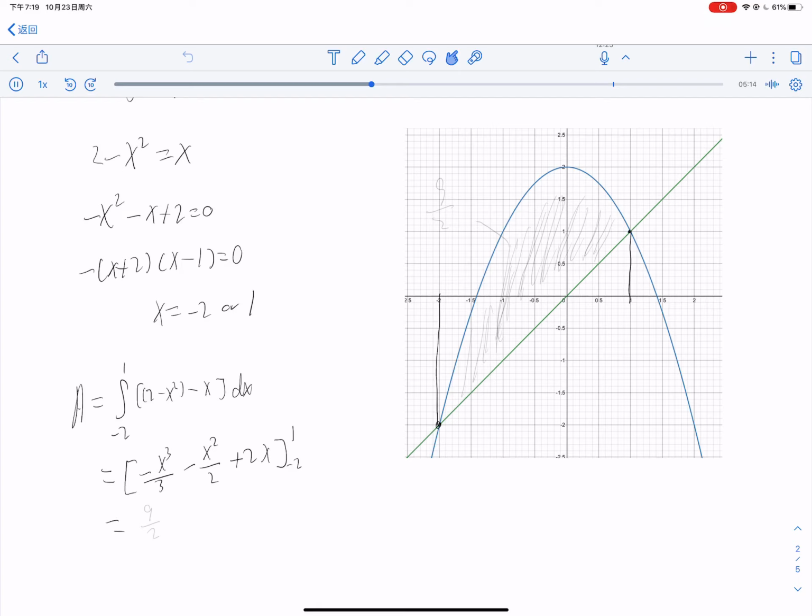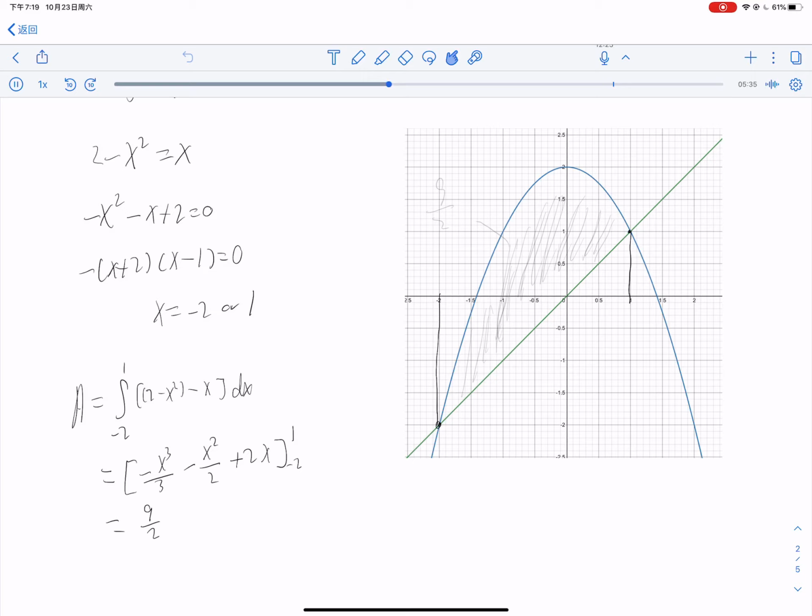And this equals, let's see, 9 over 2. For the sake of time, I'm not going to expand this calculation because I believe you guys can do it. I just want to show you how the area between two functions works conceptually.